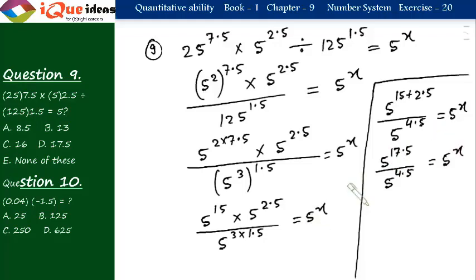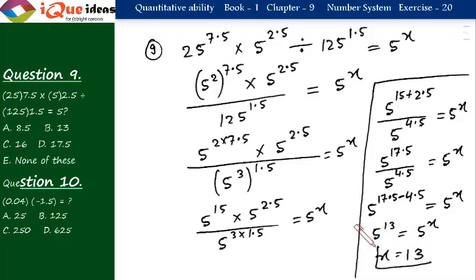Hence it can be written as 5 raised to the power 17.5 minus 4.5, that is equal to 5 raised to the power x. Now 17.5 minus 4.5 will be 13. So 5 raised to the power 13 is equal to 5 raised to the power x. Bases are same, so we can say the value of x is equal to 13. So the required value of the question mark is 13.